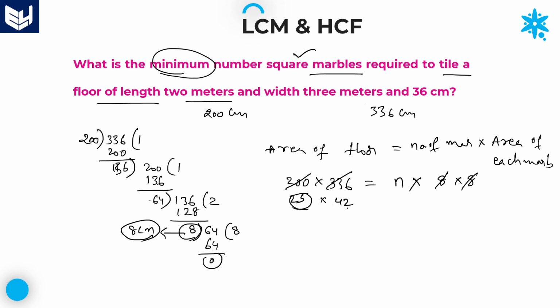You can write this 25 as 100 by 4, which is equal to 1050. That is the product of these two numbers. 1050 marbles are required to pave the floor. 1050 is the required answer for this question.